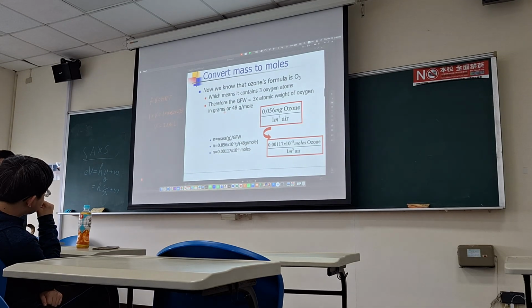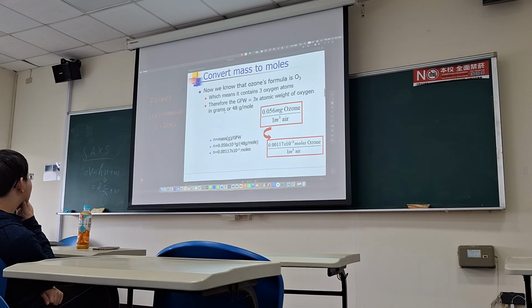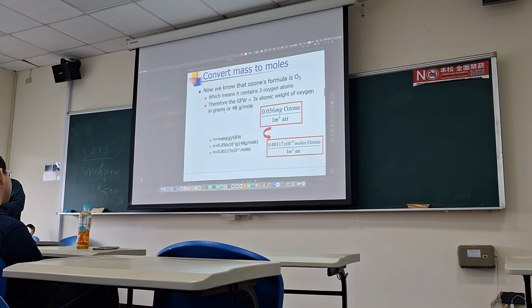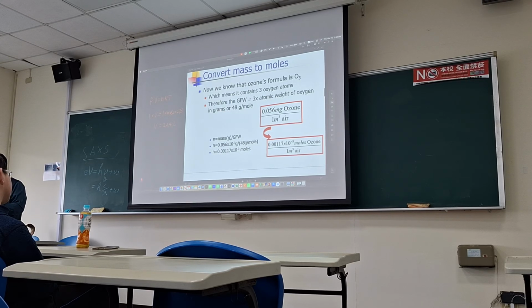So let's do this conversion. Let's convert the mass to mole. This problem states that we have 0.056 milligram ozone over 1 meter cubed of air, and we want to convert milligram of ozone into mole.